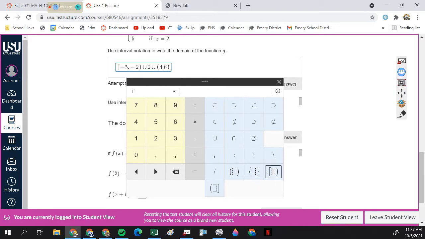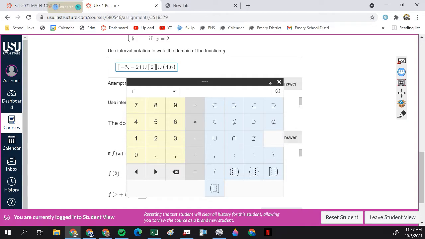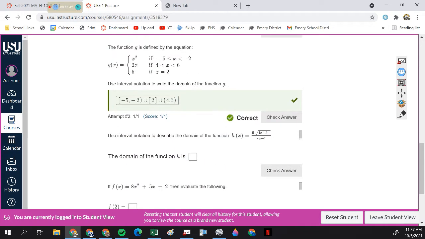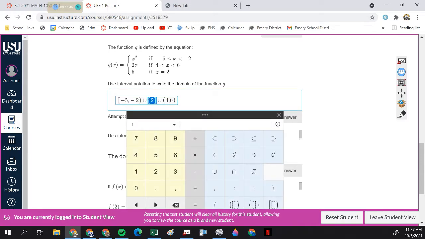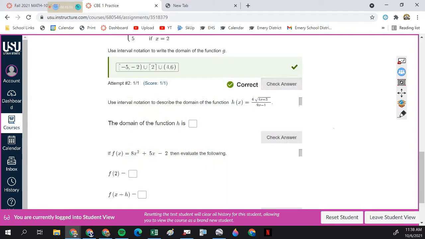Oh. Well, I could just use my keyboard. Let's see if that does it. Okay. Can you remember that? And this was not on my little keyboard. Right? It's not there. Those are different. Group in curly braces. Yeah, don't use this one. Okay. All right.